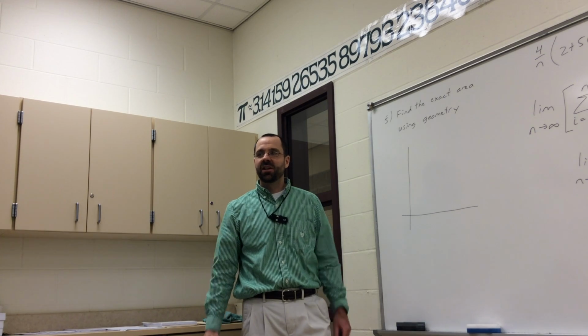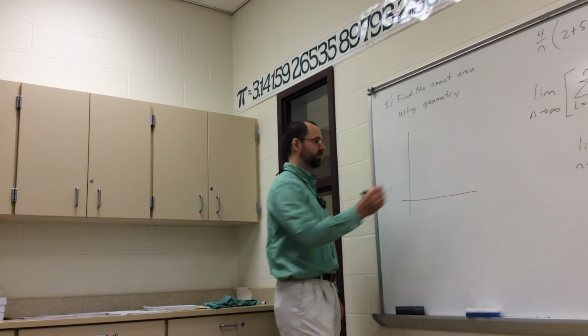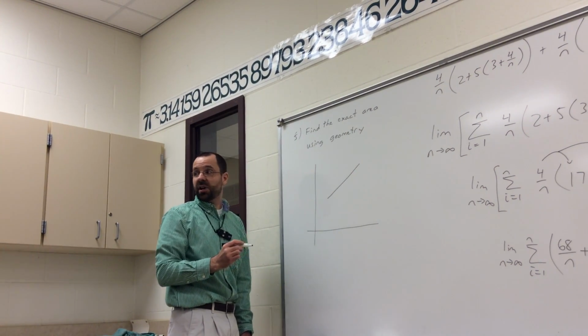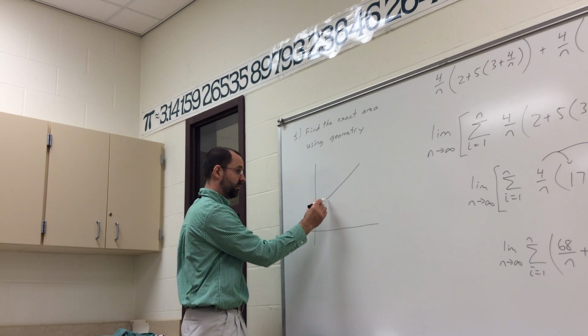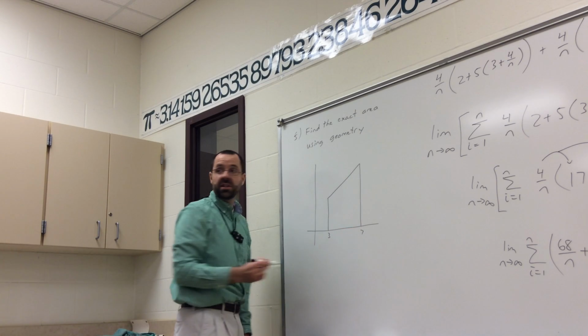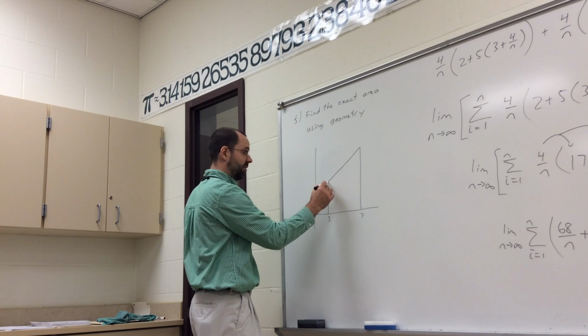So I drew this thing as a curve, right? But 2 plus 5x is a straight line. So if I'm trying to find the area from 3 to 7 underneath a straight line, I can just do a rectangle and a triangle.